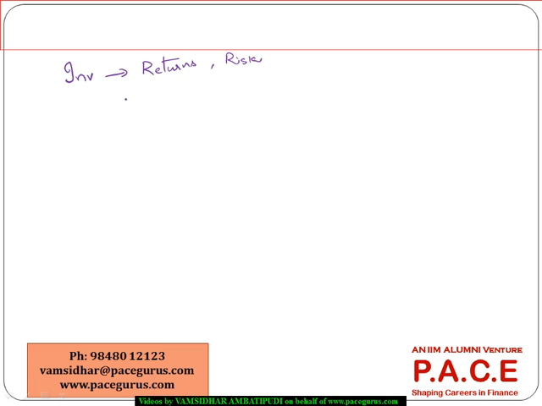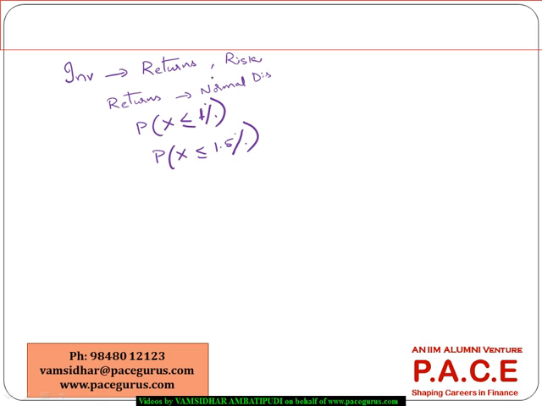So, assuming that the returns are following a normal distribution, I want to find out what is the probability that a monthly return falls below 1.5%. Right? I am having a target and I want to find out what is the chance that I'll fall below the target. Even those kind of things can quite comfortably be understood once I know that the returns are normally distributed.